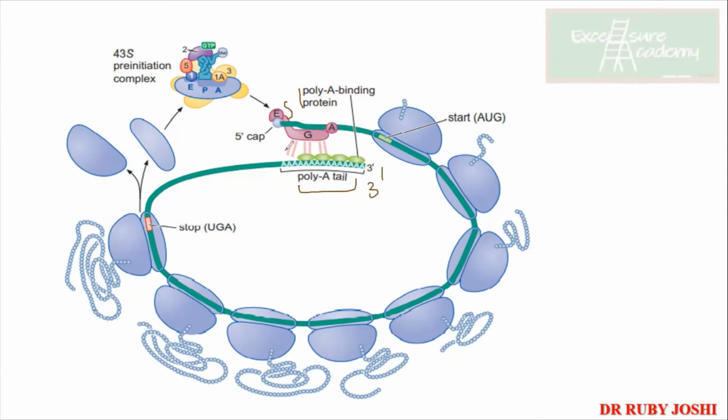So what do we see? यहाँ पे आपका initiation factors है, and यहाँ पे आपका poly A binding proteins है. And these poly A binding proteins are again interacting with the initiation factors present over here, right? Now, because of these interactions, you can see that the mRNAs are present in a circle. ठीक है?